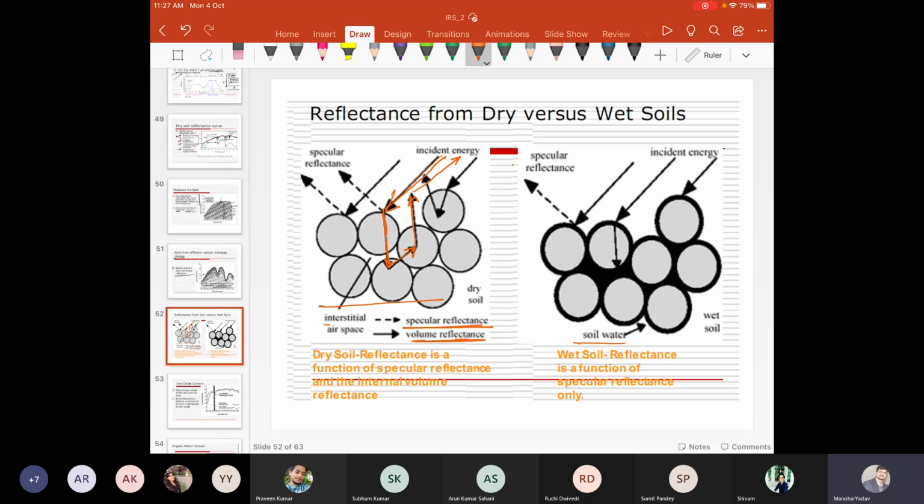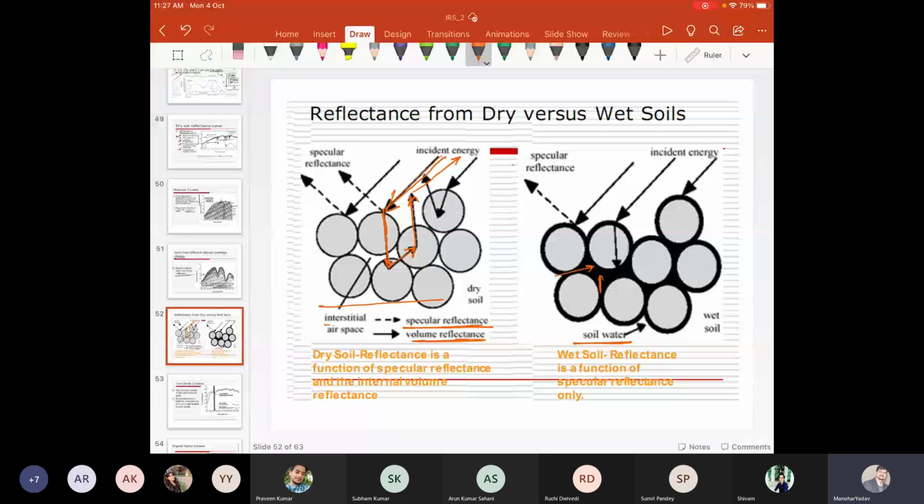If we see this second plot over here, this is the internal molecular composition in case of wet soil. So within this gap, they are filled with water molecules. So what happens?